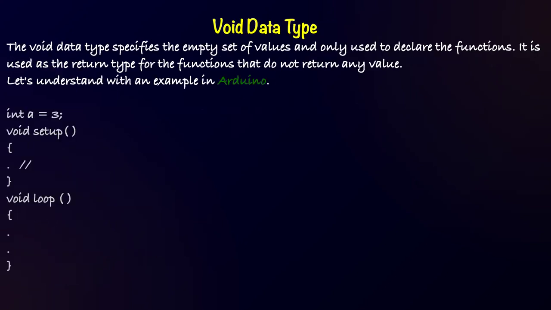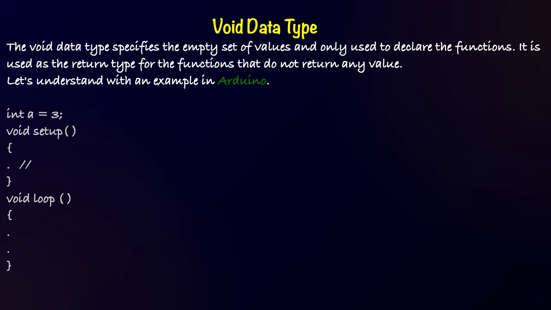The void data type. Now, the void data type basically specifies the empty set of values and is only used to declare the functions. That means where it is being used, you all know, right? Void setup, void loop. So whenever the definition needs to be given for a code, but it's basically empty, that means it is not assigned to any value, not assigned to any kind of mathematical operations yet, there we use the void data type.